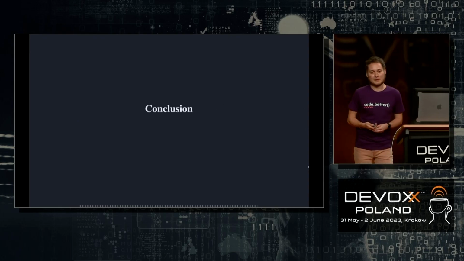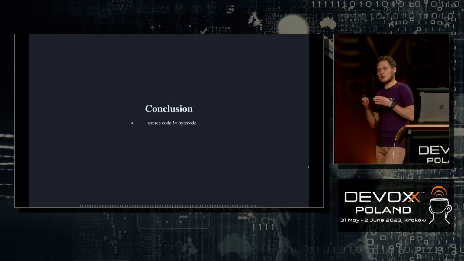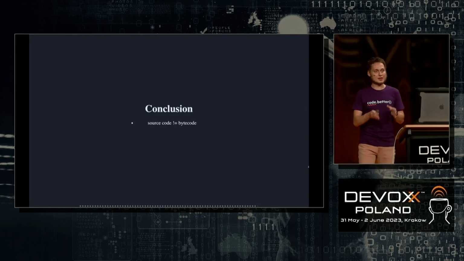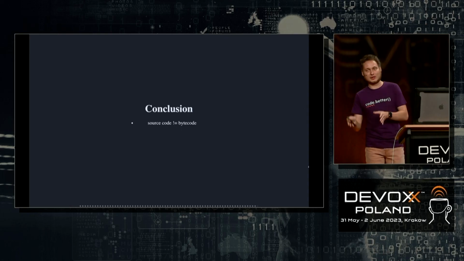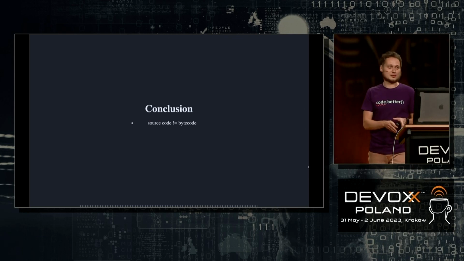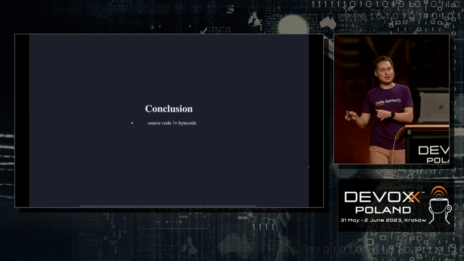Conclusion. Source code is not bytecode. Be aware of this. What you write in the source code is not at all what is going to be executed by the JVM. The JVM executes bytecode. But even this is not true, because there is a just-in-time compiler.